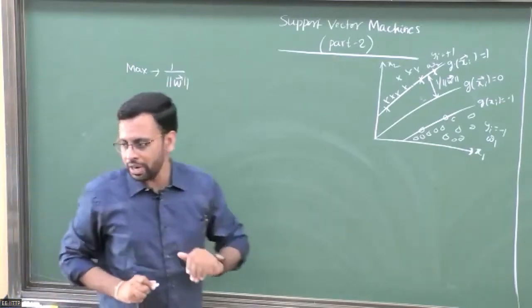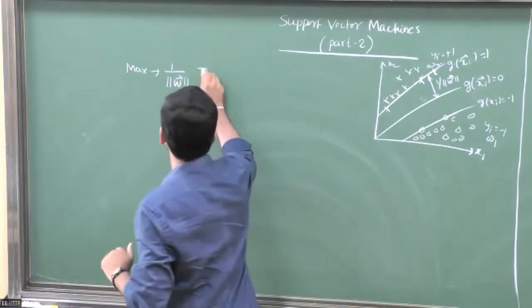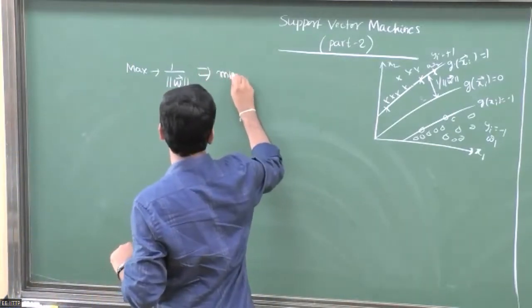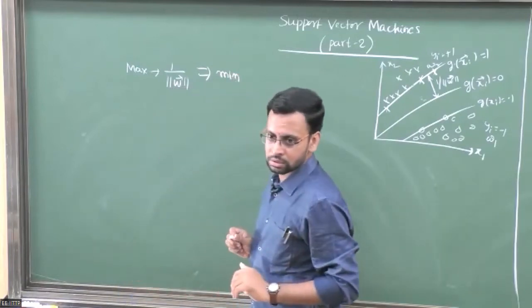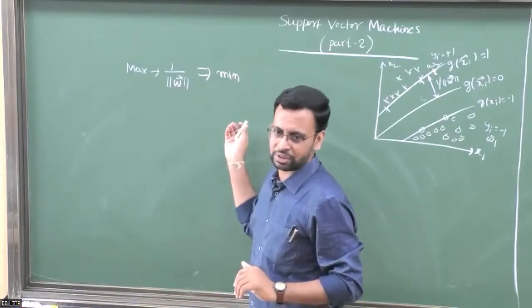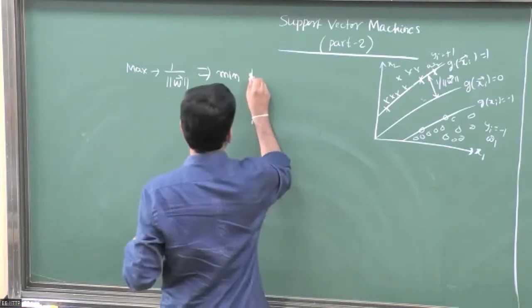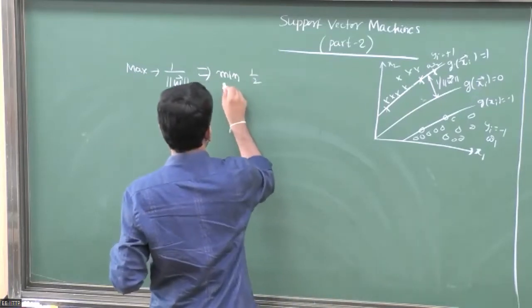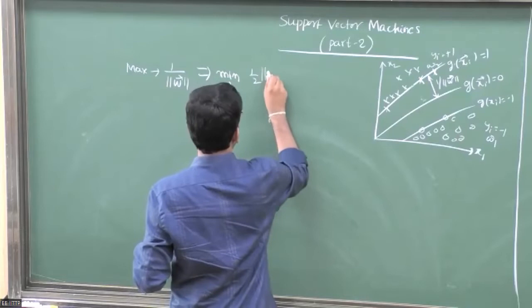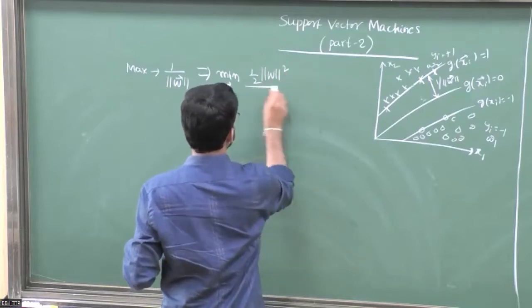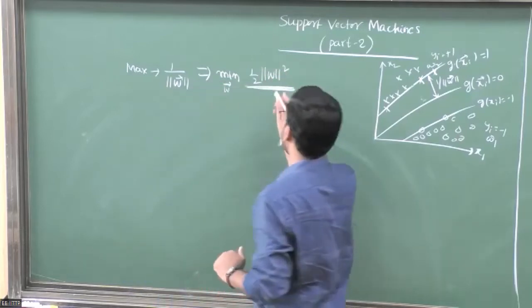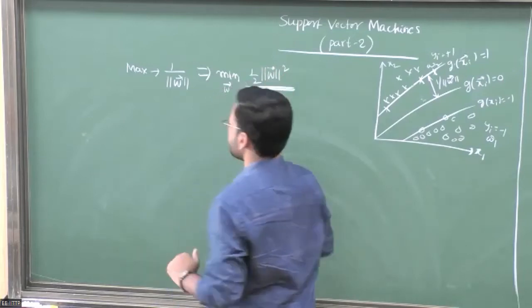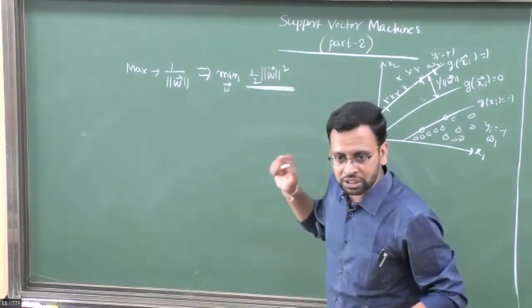And we made this into an equivalent problem of minimizing. What does that equivalent one we have taken? Right, minimizing, you play with W bar, norm of W bar square, right? Subjected to the constraint.